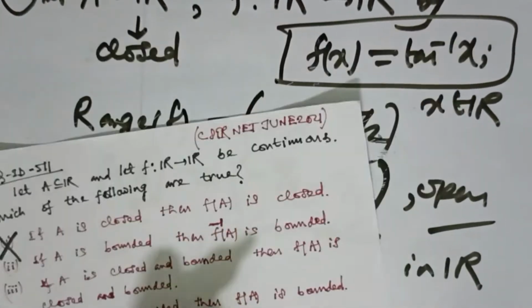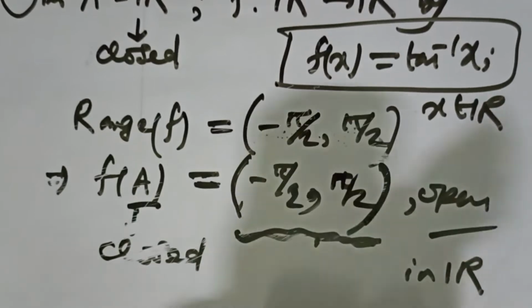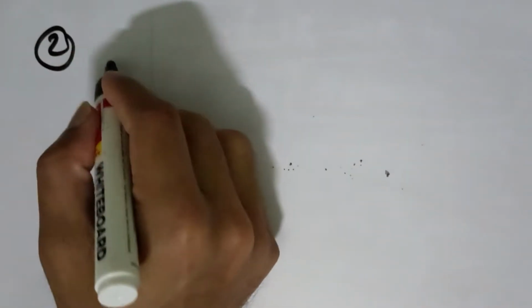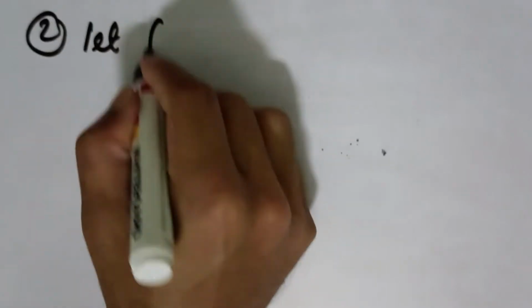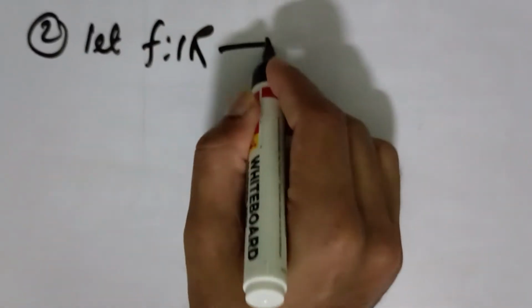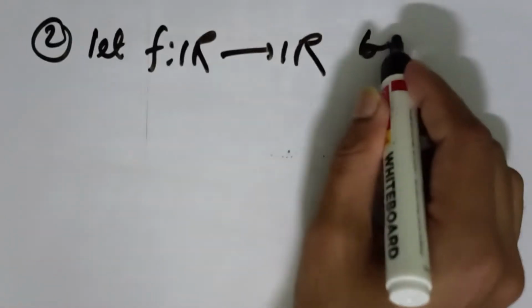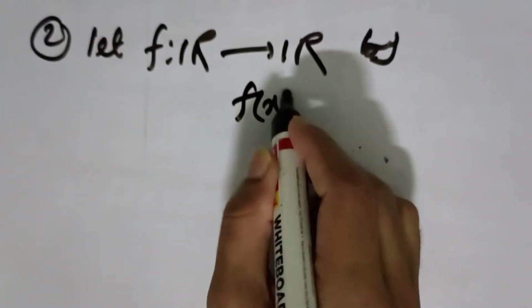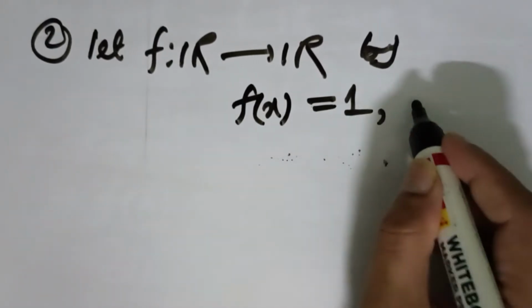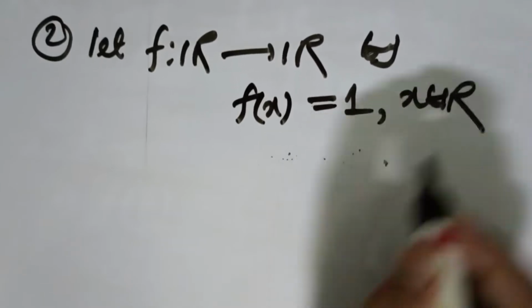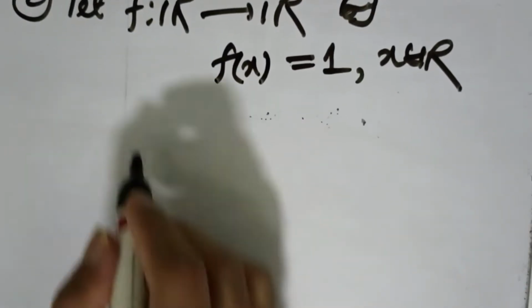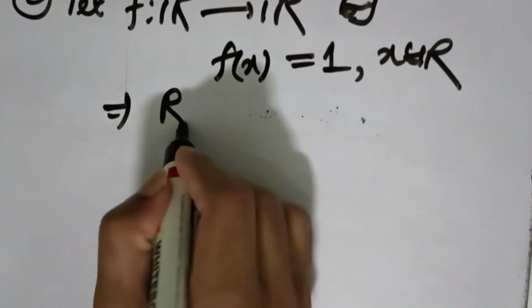Now option 2 says: if A is bounded, then f inverse of A is bounded. For option 2, I am choosing a constant function f from R to R by f(x) equal to a constant, suppose 1. If I choose this function, then what is the range?